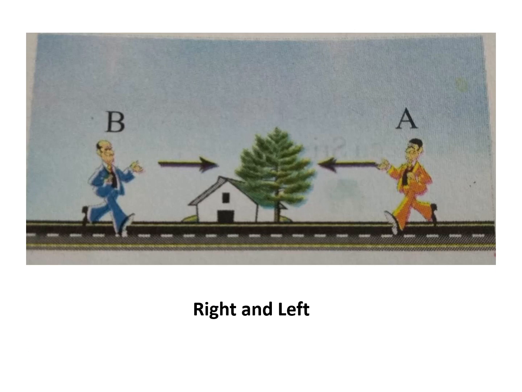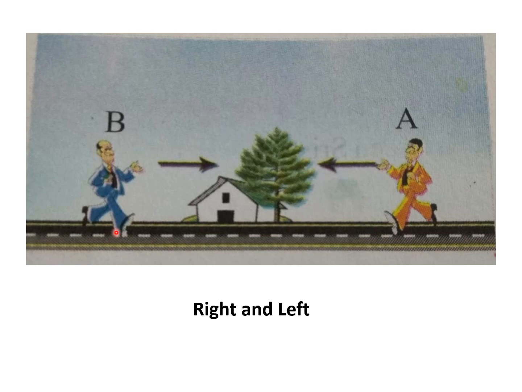In this picture, we see one tree and one house on one side of the road. Here are two persons, A and B. When we ask person B which side the tree and house are on, B gives his answer that the tree and house are on the left side for him.